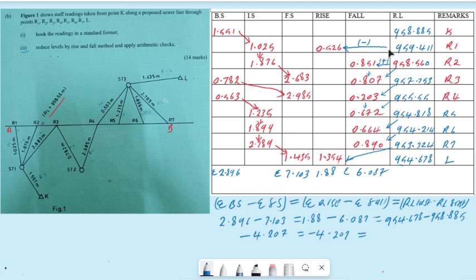It's also giving me a negative of 4.207. So therefore all the checks are the same and therefore okay in the arithmetic check. So that is how you are supposed to reduce the levels in such a case.